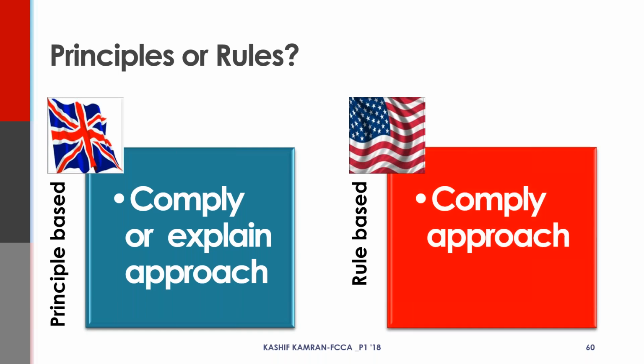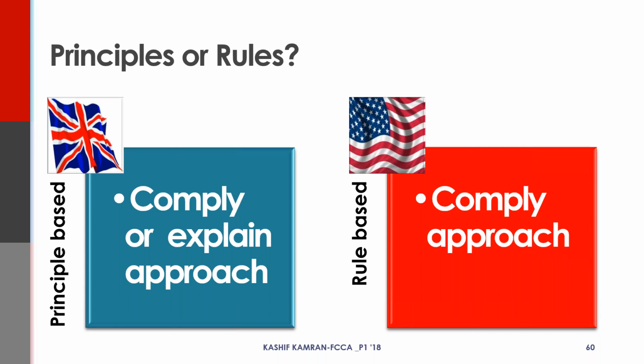The basic difference between rules and principles was the flexibility in a principle-based approach, comply or explain, whereas that flexibility is not there in a rule-based approach. Rules are more fixed, more rigid, and more like box ticking.